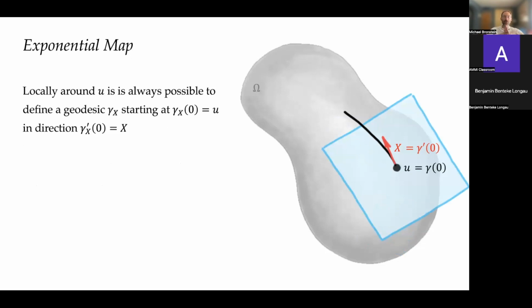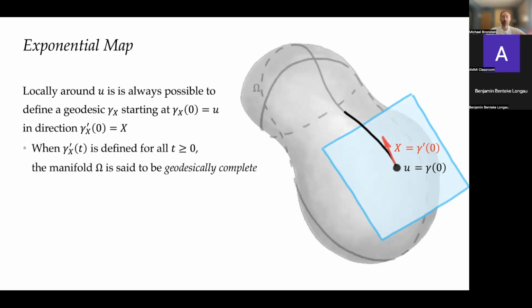Another important concept is the exponential map, and basically it's a way of mapping locally around point U to the manifold. The way that I can do it is, if I have a point U, I can always define a geodesic that starts at point U in some direction.